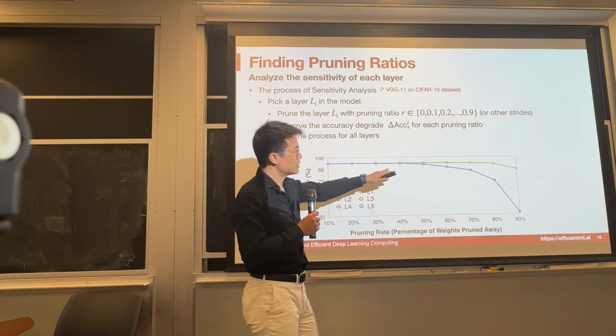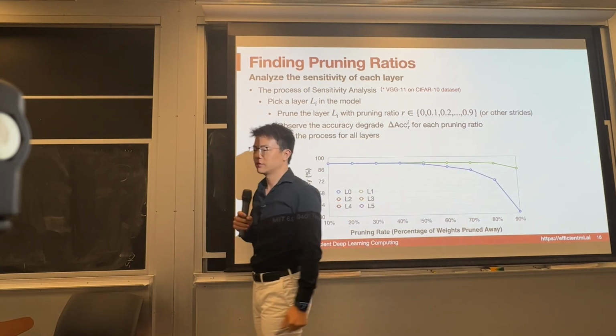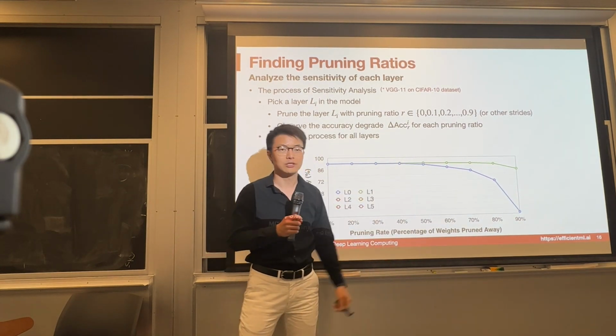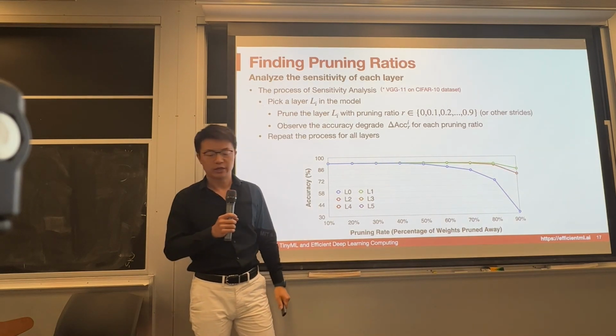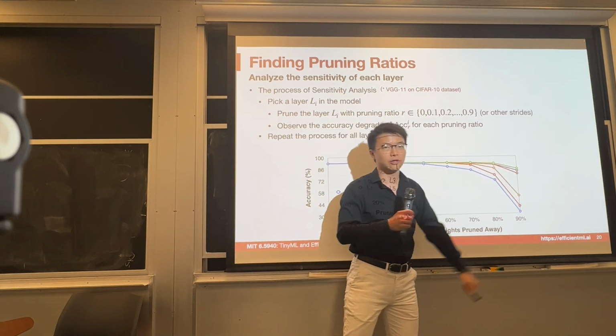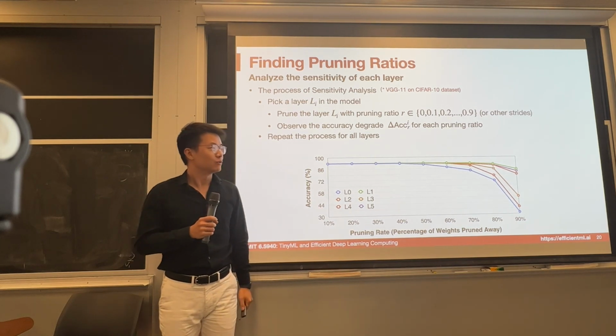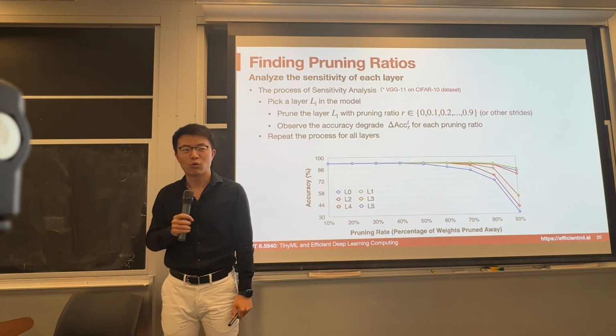And we can choose another layer and plot the same curve, keeping the first layer unchanged. We can do it for the next layer, the next layer, the next layer, and the purple layer. Okay? So given this chart, which layer should we prune more aggressively?